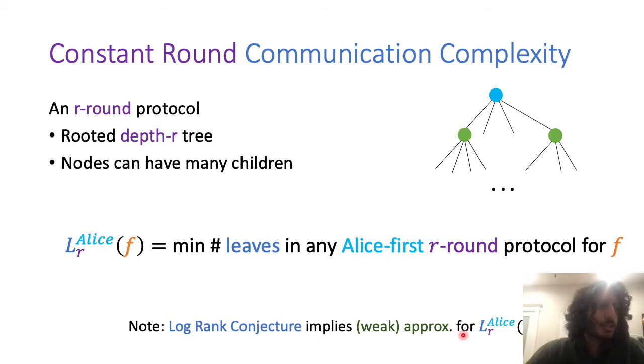I don't want to get into this too much, but basically the idea is any protocol with an unbounded number of rounds can be turned into a protocol with a bounded number of rounds with some sub-exponential size blowup. Because of that, you can show that the log rank conjecture would imply some sort of very weak approximation for even the constant round setting. And this weak approximation, it's not clear whether it should be hard or easy for this problem.